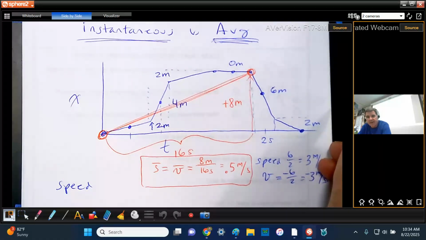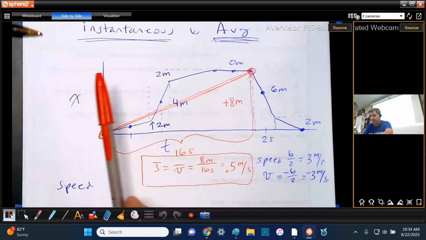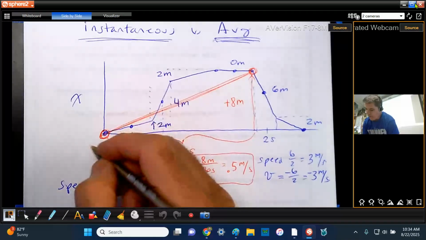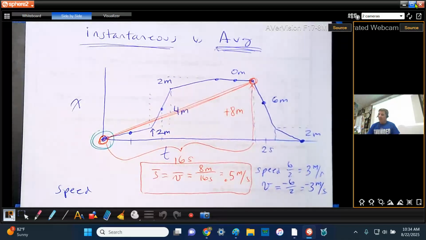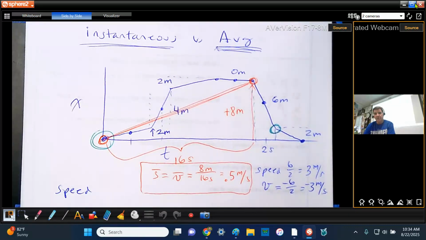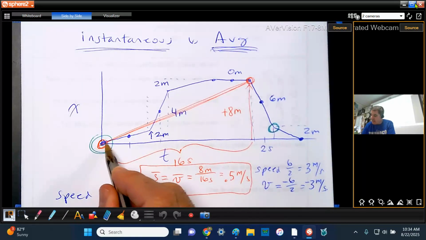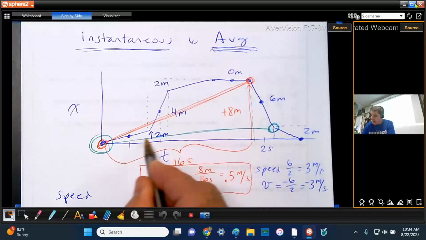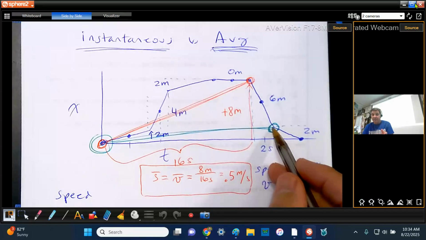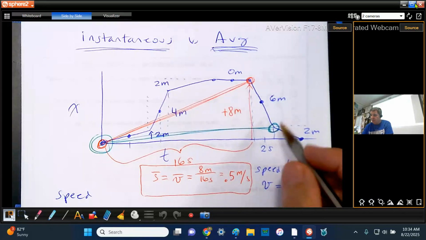However, if I go from here, maybe I'll choose green. I don't know where my green is. It's over there. So if I choose green and I go from here to here, that spot right there, my average velocity is going to be just that. So how would I get that? Well, that's just displacement.